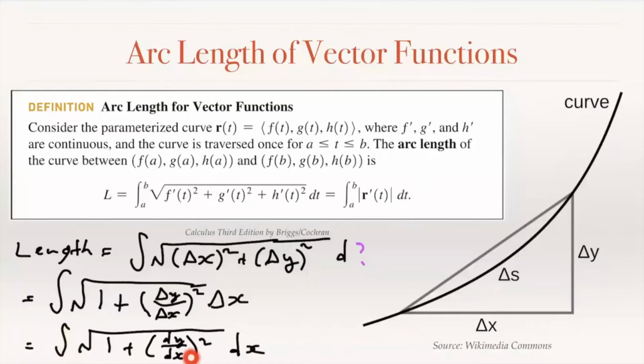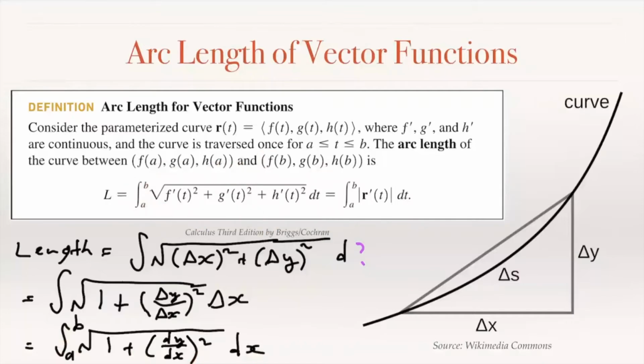And that was the arc length formula for the arc length between a point A and B. Now, with the vector valued function, it's exactly the same derivation. And what we wind up with is this.